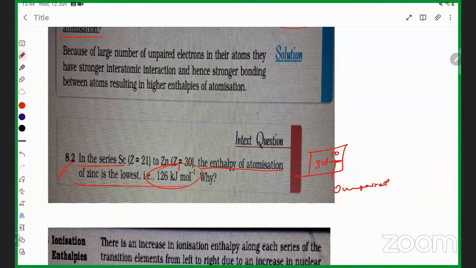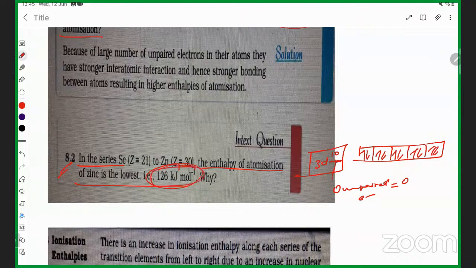No unpaired electron means the weakest metallic bond, and the weakest bond means less energy required, 126. So the reason for the lowest enthalpy of atomization of zinc is the weakest metallic bond.